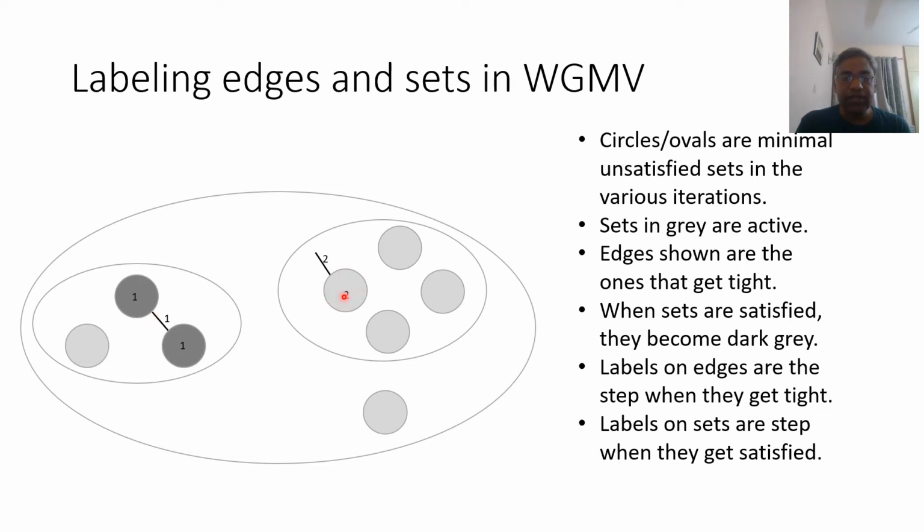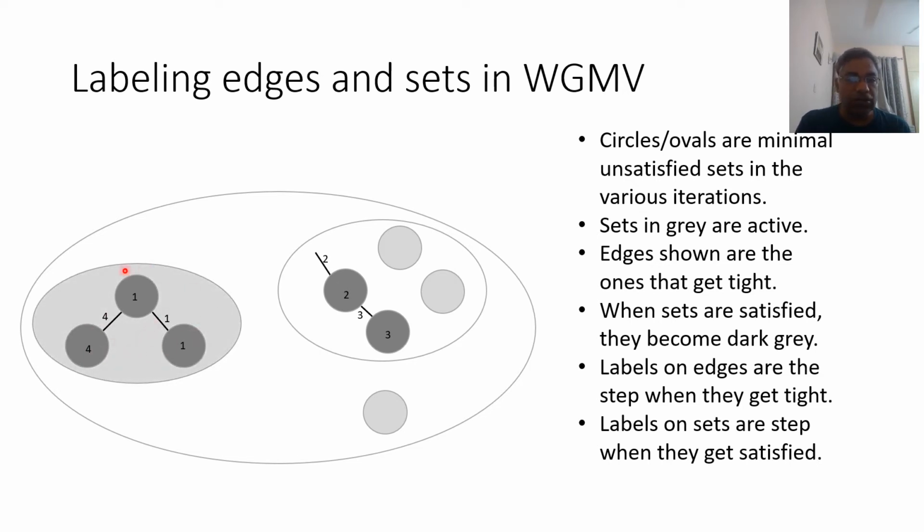And so at the next step, let's say this edge goes tight, and so that gets labeled 2, and this set got satisfied at iteration 2, and so that's labeled. And so we go on. Maybe at the next step, this edge went tight, and this set became satisfied. And at the next step, this edge went tight, and this set became satisfied.